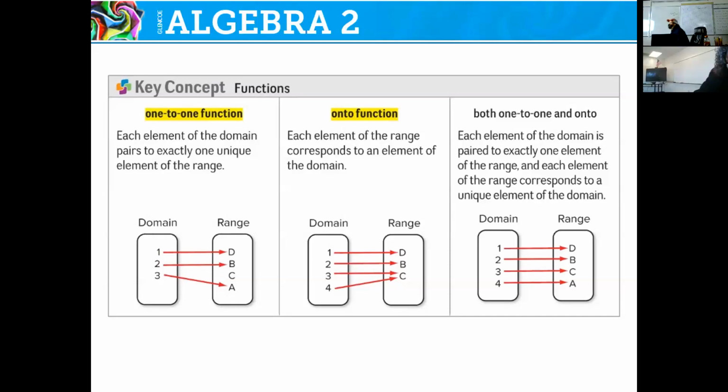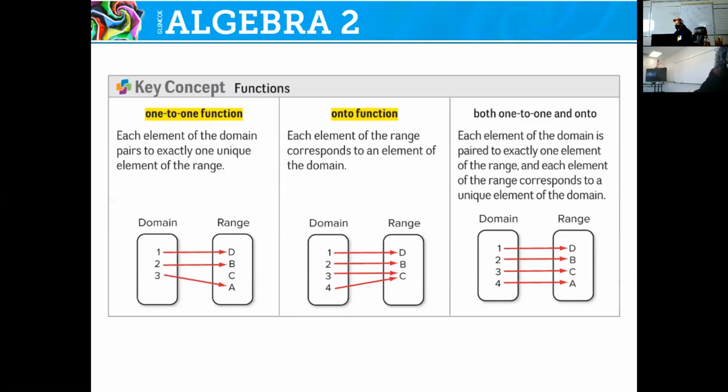And then they can be both. So most lines, linear equations, y equals mx plus b, fall into both one-to-one and onto. That's because each element of the domain is paired to exactly one element of the range, and each element of the range corresponds to a unique element of the domain.